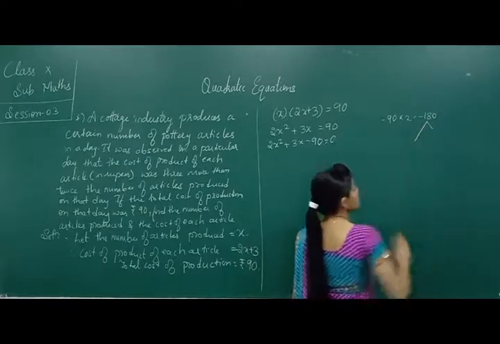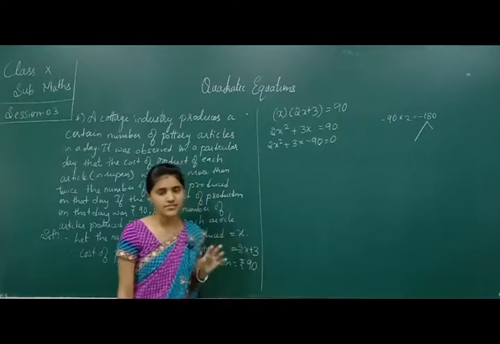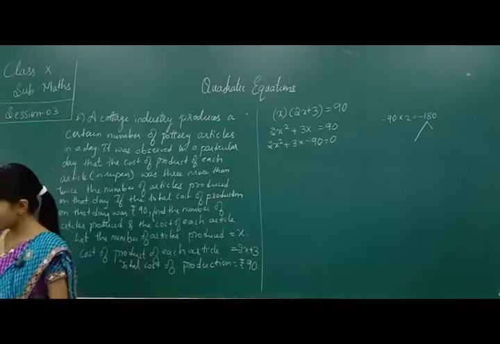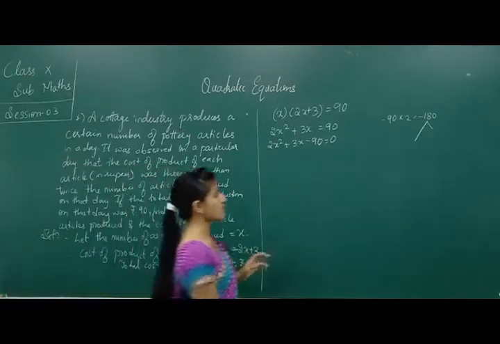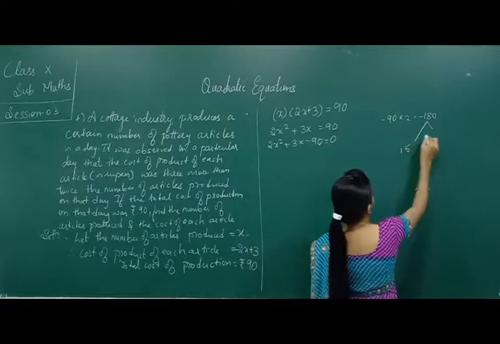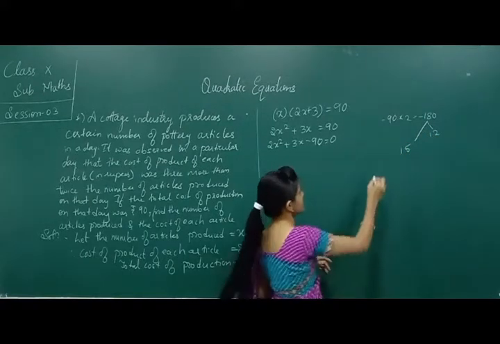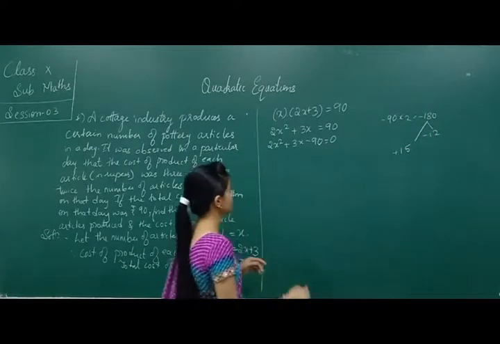Now I need to find the factors of minus 180 in such a way that on splitting I should get the value plus 3. So what am I going to do? 15 12s are 180, that is plus 15 and minus 12.